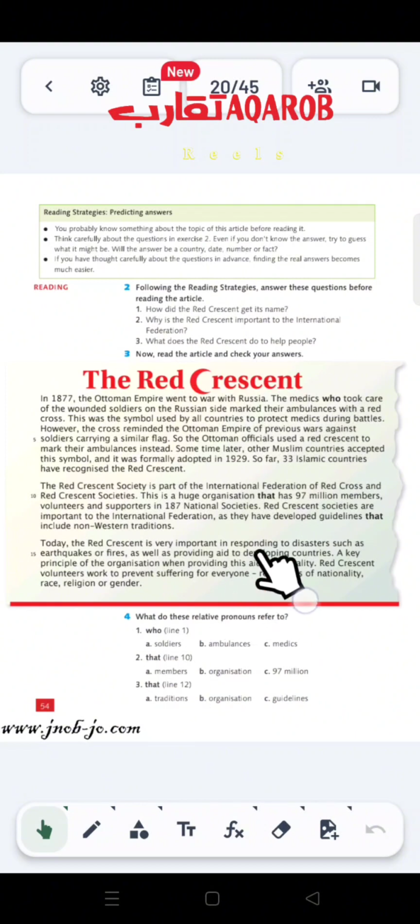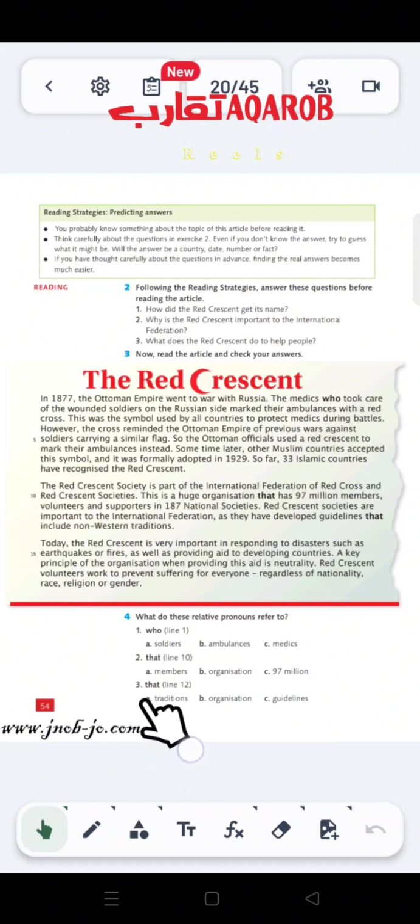Number 2, that. The Red Crescent Society is a huge organization that. So that refers to organization. We have 3 options here: members, organization, 97 million. So it refers to B, organization.